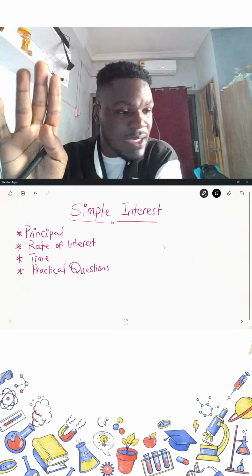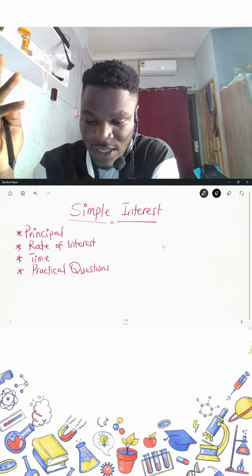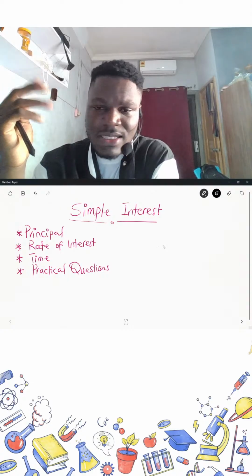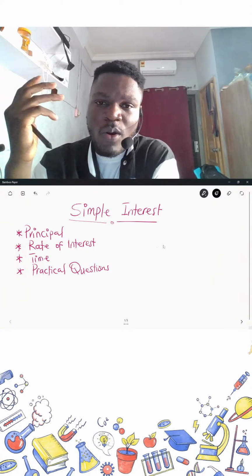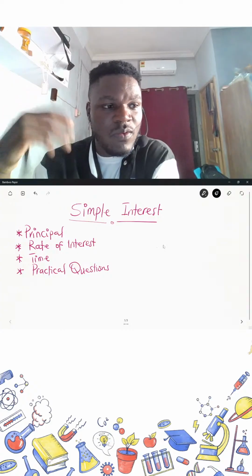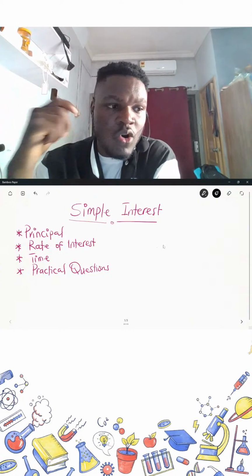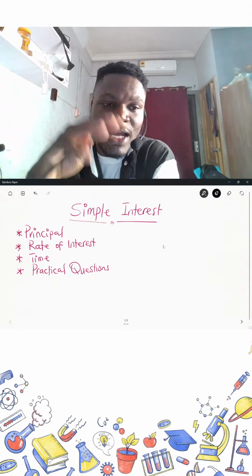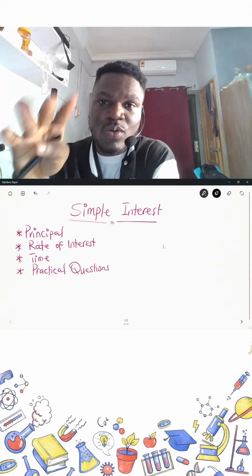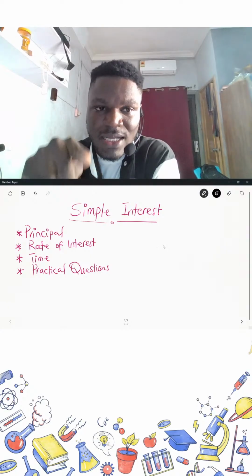Some will use simple interest, some will use compound interest, depending on the organization. One of the simplest ways they calculate interest on the money you've borrowed is what we call simple interest, and that is what we are going to look at today.